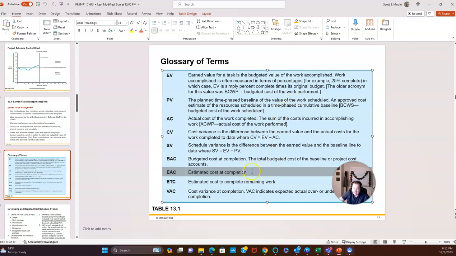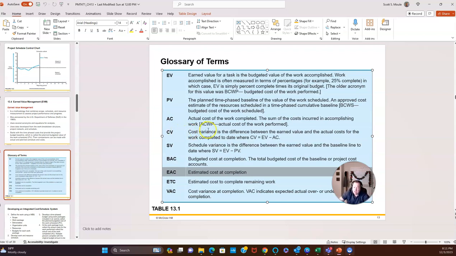So if we look at this, let's just use the same example. You're 6 months in, you've already spent 700,000. But let's say you look at your Gantt chart, your cost of what you plan on delivering at 6 months in, let's say you thought it was only going to be 500,000. So if you look at your cost variance, you spent 700,000, you thought you were going to spend only 500,000, you're 200,000 over budget.